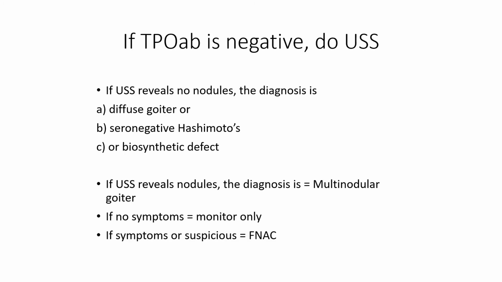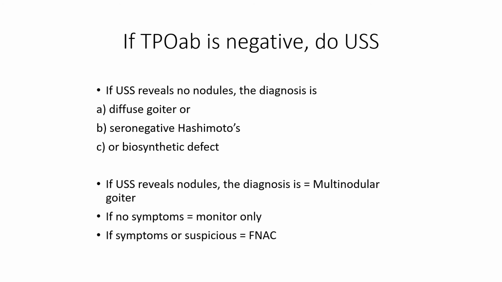If thyroid peroxidase antibody is negative, do ultrasound. If ultrasound reveals no nodules, then your diagnosis is diffuse goiter or seronegative Hashimoto's or biosynthetic defect. However, if the ultrasound reveals nodules, the diagnosis is different. You are dealing with multinodular goiter.